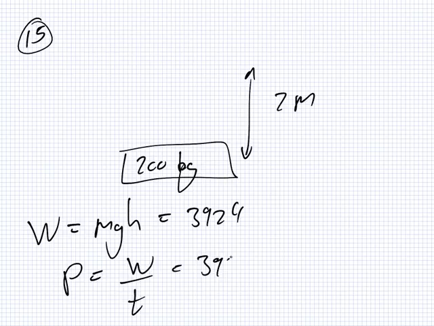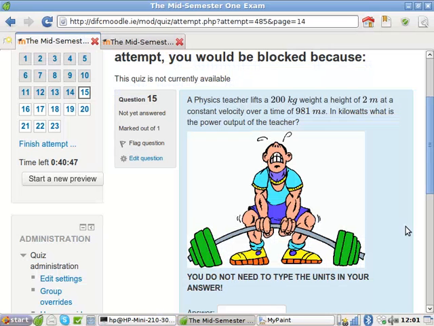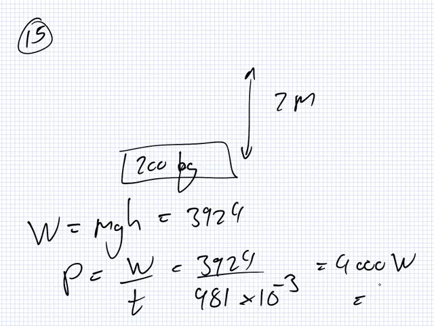And what's the time here? 981 milliseconds. So that's 4,000 watts. Now, do I want watts? I want kilowatts. So that's 4 kilowatts.